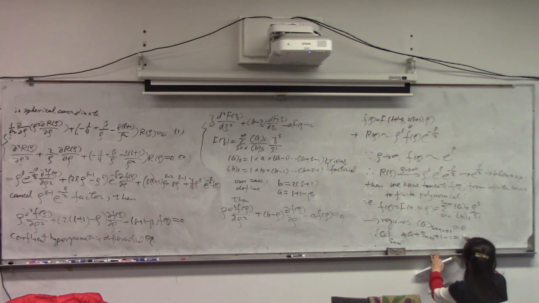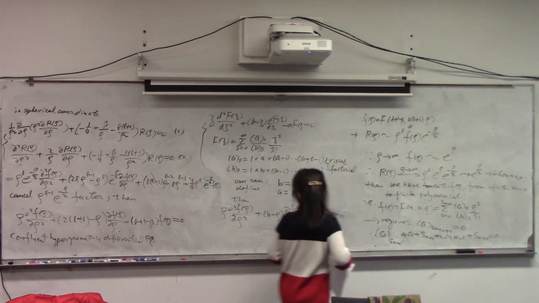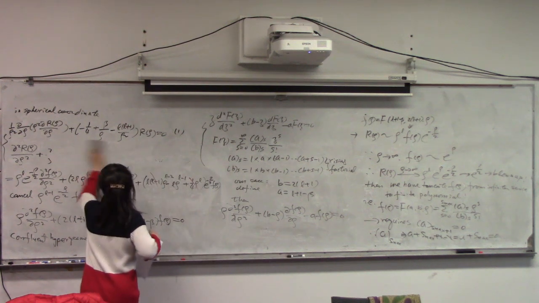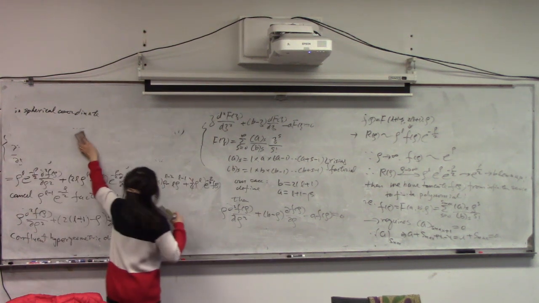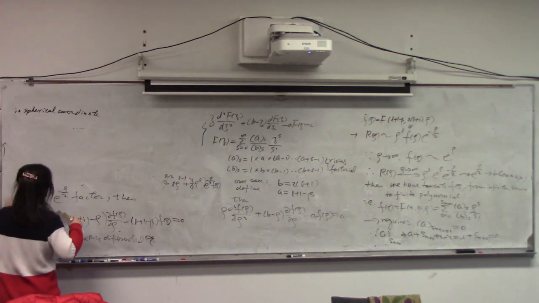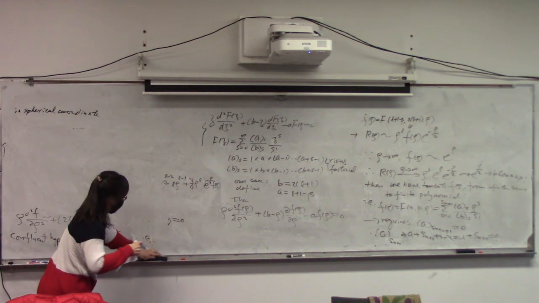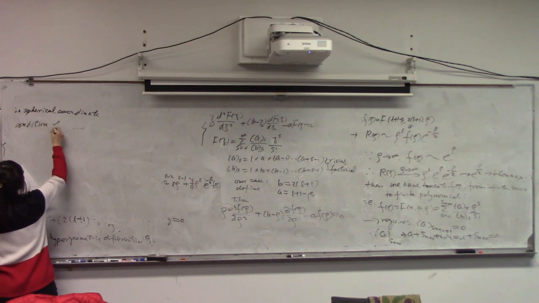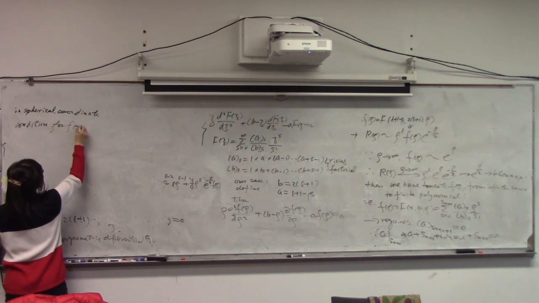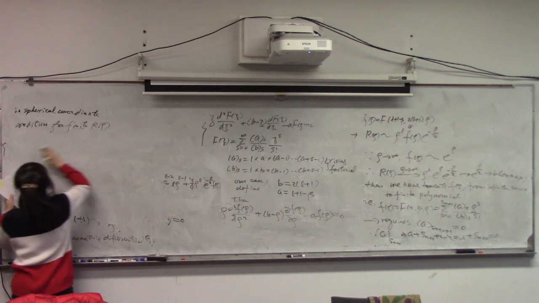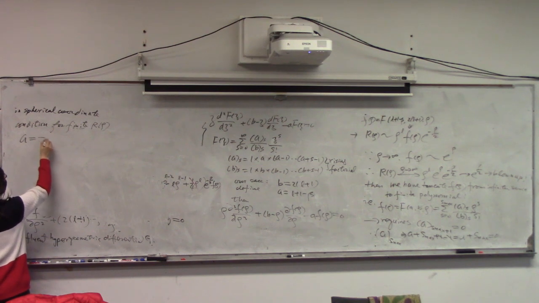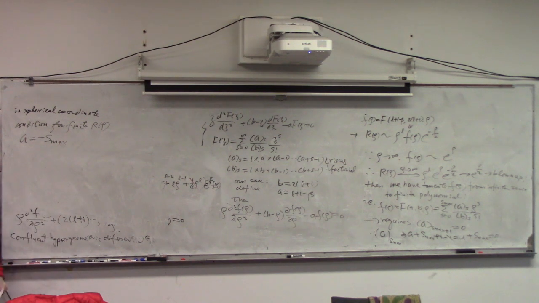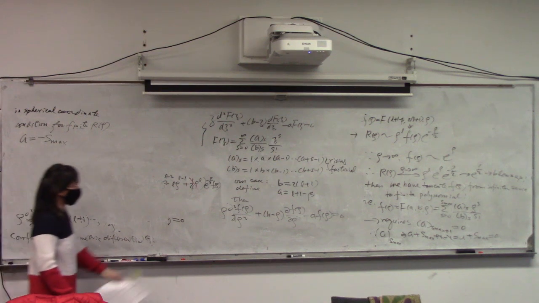This A plus S max should be 0. Then we have the result. So the condition for finite R is A equal to negative S max, because A plus S max is equal to 0.